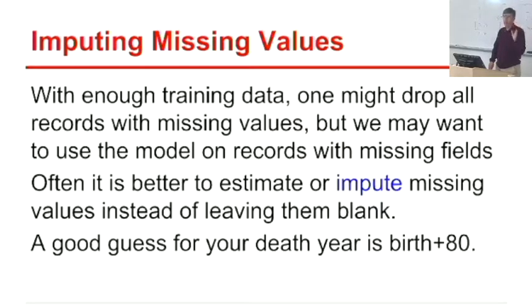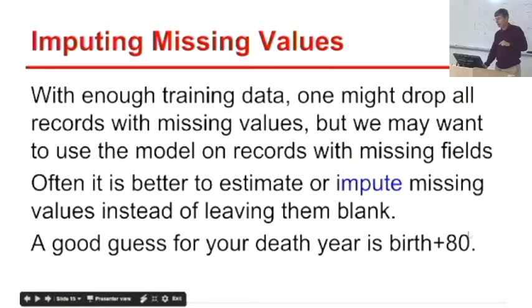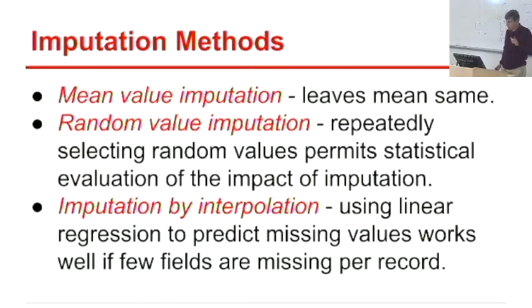The answer is not for certain. Can we make some kind of a meaningful guess? Most likely Justin Bieber will live to be about 80 years old, right? And die in bed surrounded by his loved ones, that kind of thing, right? So better than leaving the death year blank was to impute a reasonable value there, okay? And sometimes this can be done on the basis of your knowledge of the world, right? Any questions?